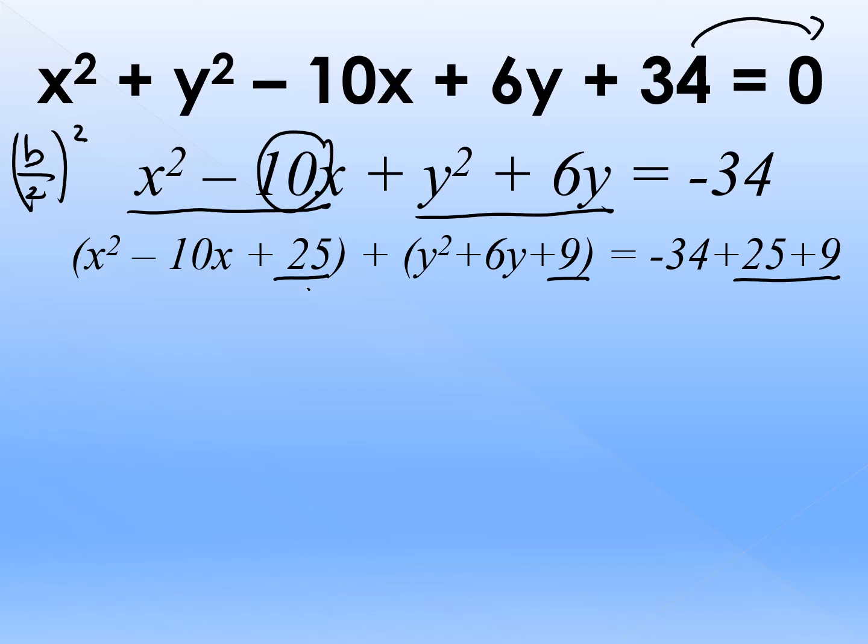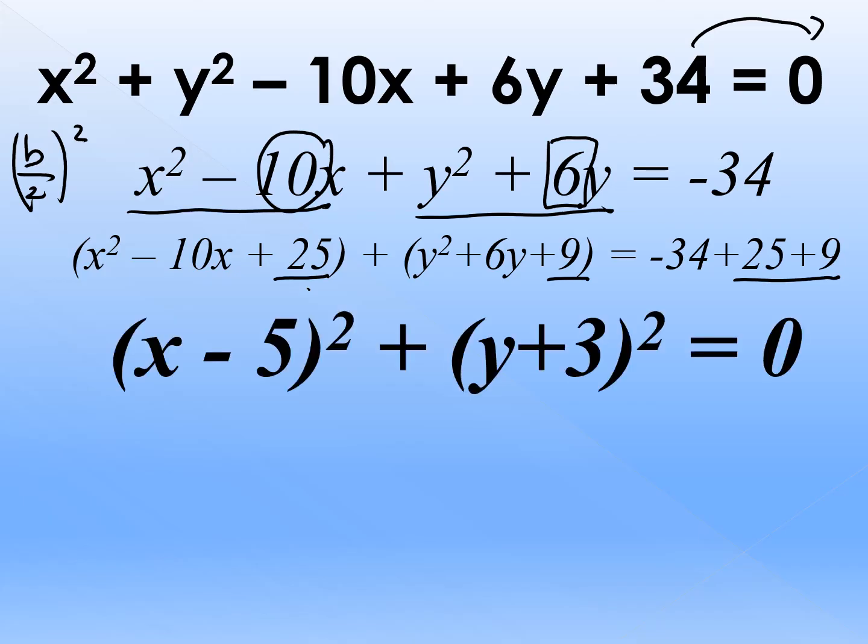Next, for this one, we have b equals 6. So 6 divided by 2 is 3. 3 squared is equal to 9. Now, to factor this one using a perfect square trinomial, we're going to get the square root of x squared, which is equal to x, the square root of 25, which is equal to 5, and then copy the sign of the middle term, which is negative.